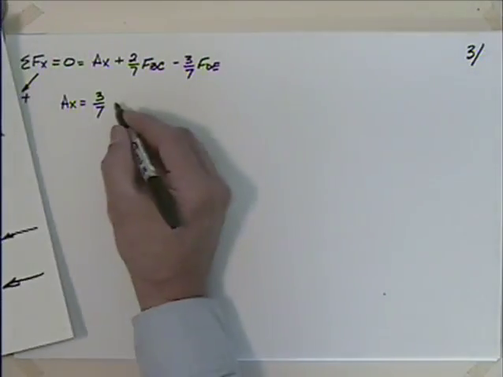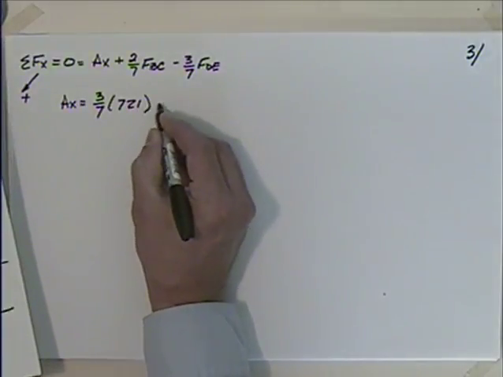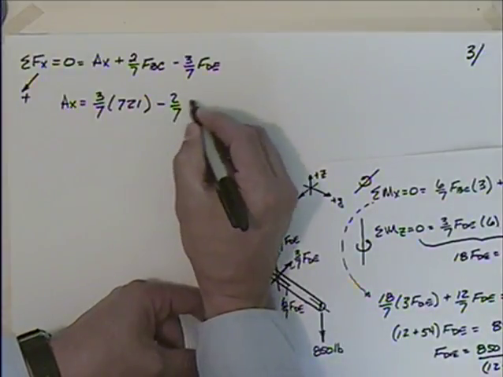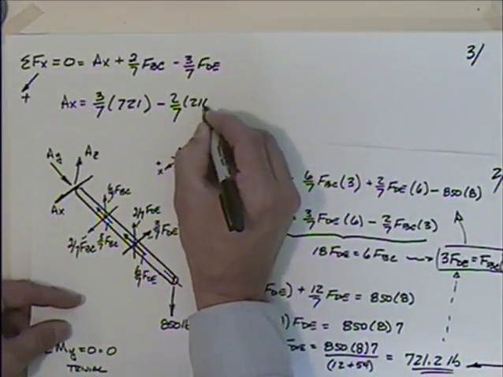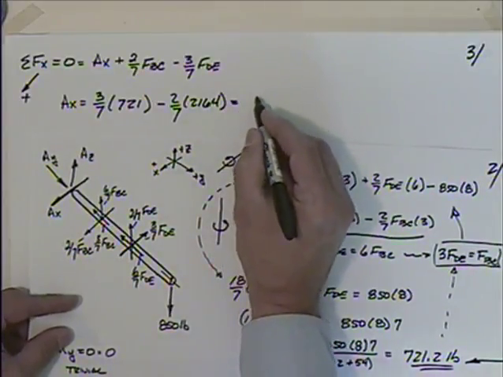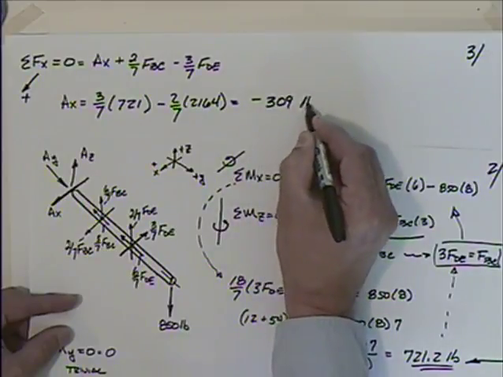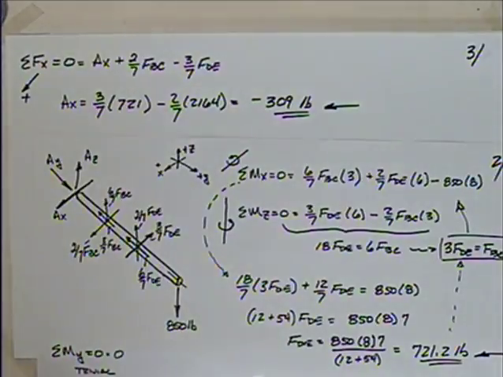Right there, that's the 721, minus 2/7 FBC. That was the 2164. That's a 2, not a decimal. 2164. Which should give us a value of minus 309. Let me double check that real quick.